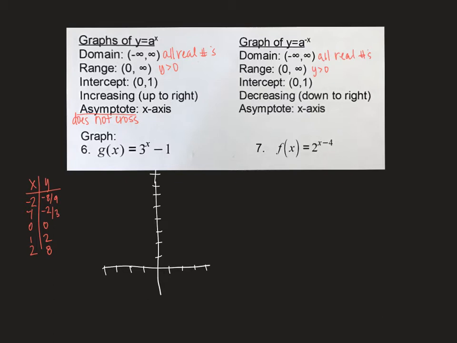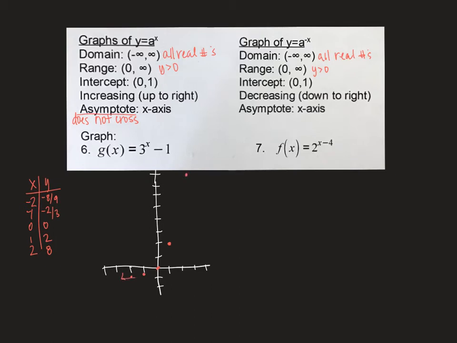So we've got -2, -8/9, -1, -2/3, 0, 0, 1, 2, and 2, 8.